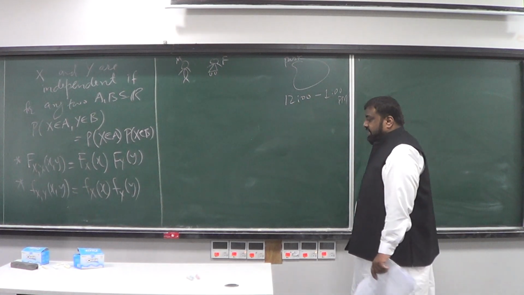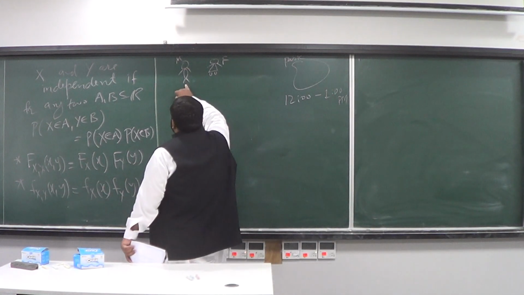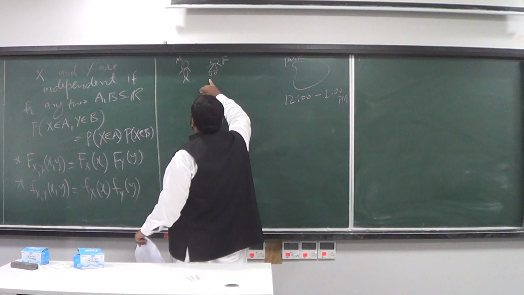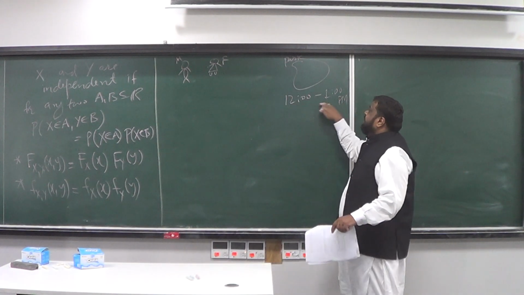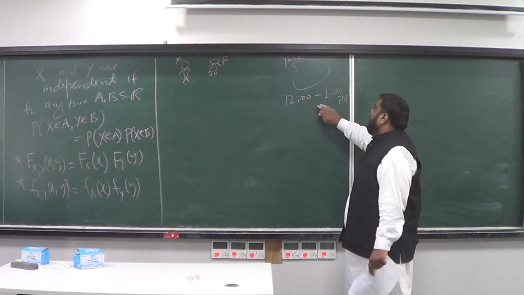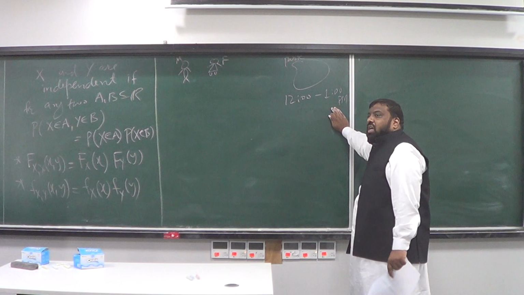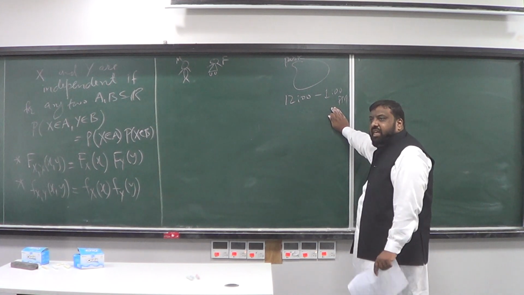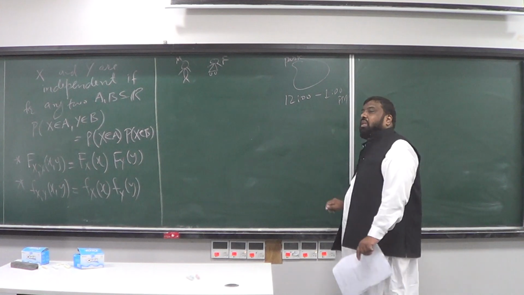Imagine that both of these people arrive at any instant between 12 and 1 p.m. So their arrival time is any instant between these two.